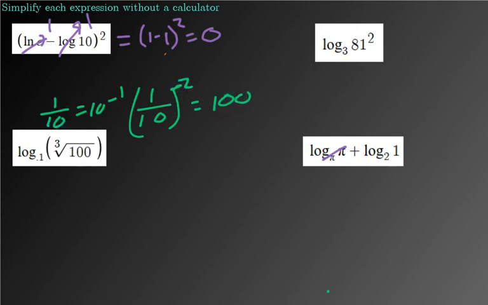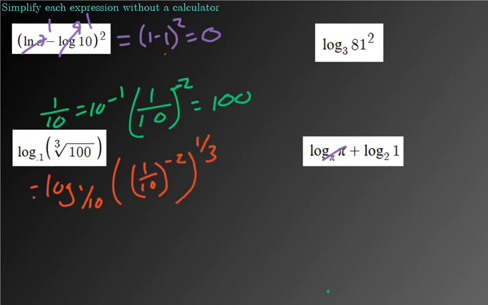So I can go ahead and write this thing as log base 1/10, right? And then I'm going to have a 1/10 in there to the negative 2, and then all of that to the 1/3 because of the cube root, right? And then we just do properties of exponents.